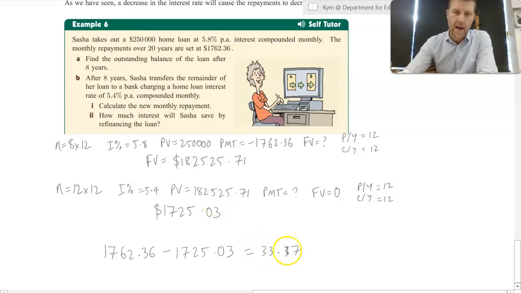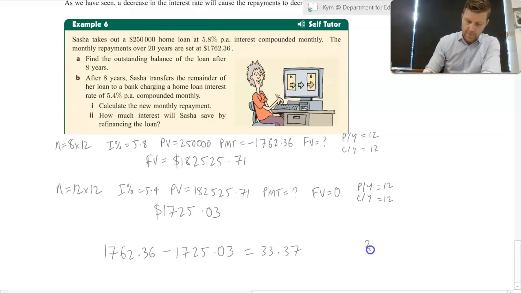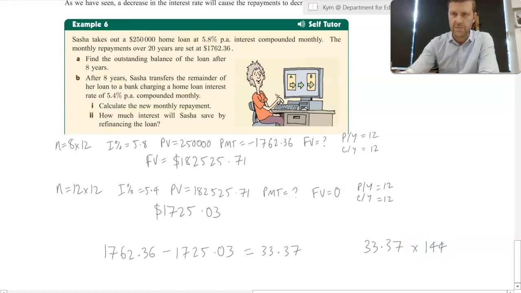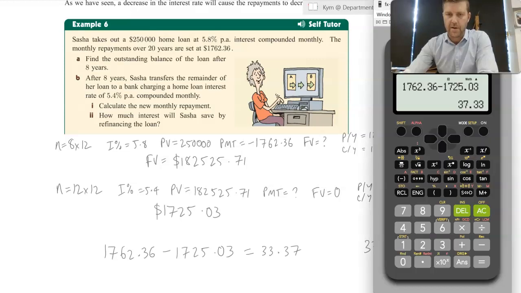So how much does that save in the long run? Well, how many times is he paying that lesser amount? How many times is he saving $37.33 essentially? Well, he's saving that 144 times because he's saving it every month for 12 years. Okay, so I'm just going to do 37.33 times 144 to give me the total amount of interest Sasha would save by refinancing the loan. I don't even have to be on my graphics calculator, on my normal calculator I'm just going to multiply that answer by 144, which works out to be $5,375.52.